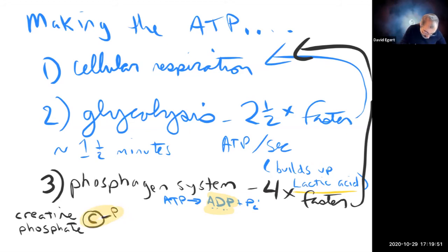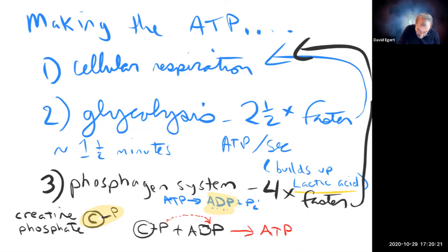So basically the idea here is creatine phosphate plus ADP. All we need to do is transfer that phosphate over to there in one step, and that is going to give us ATP. And then the creatine, which now has to get regenerated. So in one step, we have a new ATP.